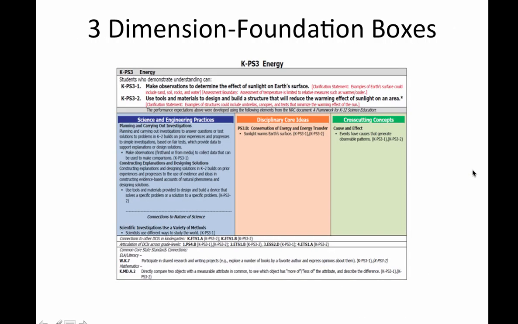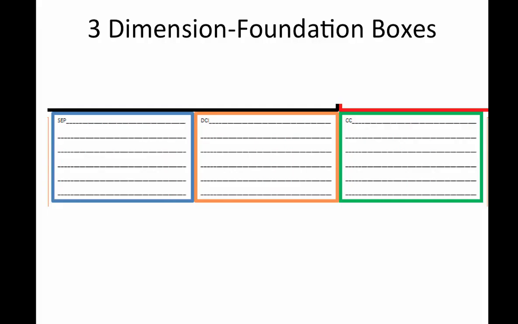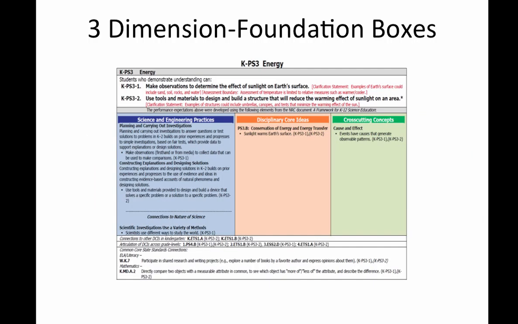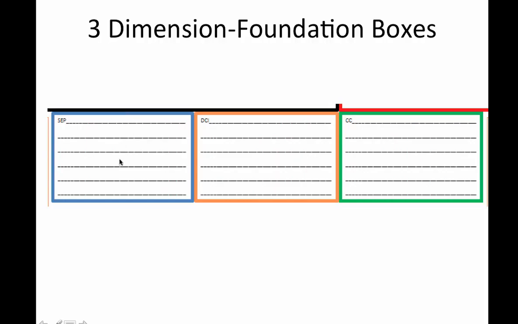Here you can see the different dimensions, and you can take the language from those dimensions and put it in the colored boxes on the sheet. There's some more description of what to focus on. Make sure you don't write all of the information down. You don't want to write all of this information into the science and engineering practice box. You just want the specific information that corresponds to your identified performance expectation.